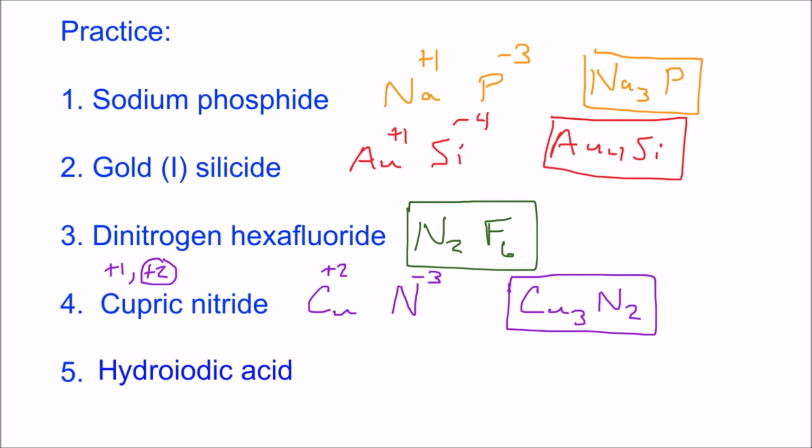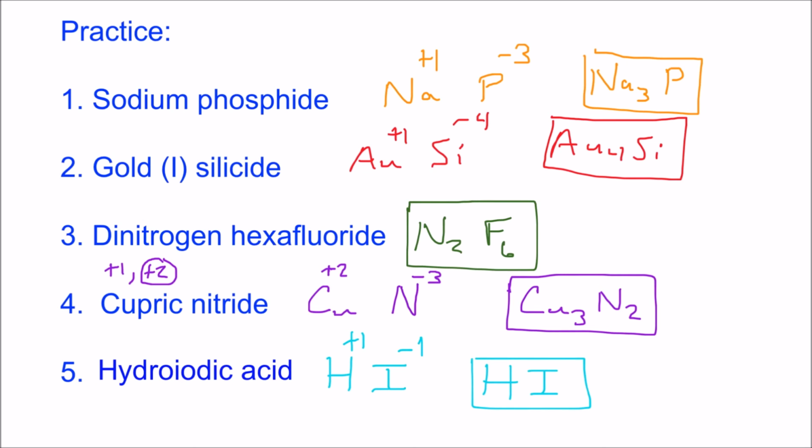So we'll write down hydrogen first, and then we have iode as our stem. That indicates iodine as the second element. Okay, now we need the oxidation numbers. So hydrogen's a +1, iodine is a -1. So when we crisscross and reduce, we just get HI.